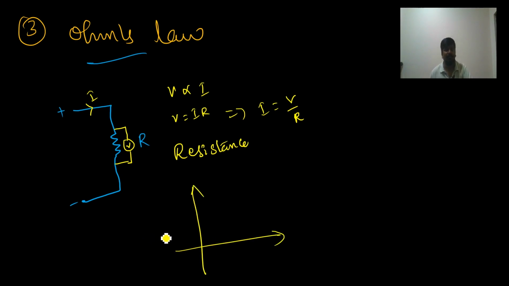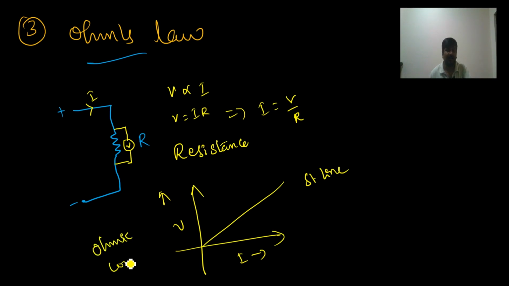Consider the graph, with current I on the x-axis and potential difference V on the y-axis. The VI graph is a straight line. The conductors which follow Ohm's law are known as ohmic conductors.